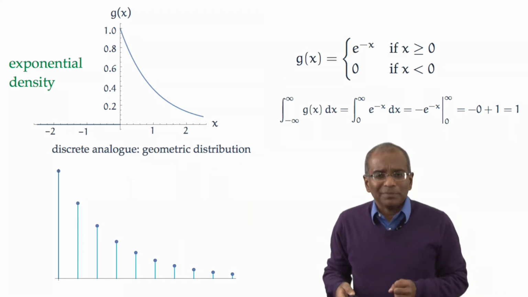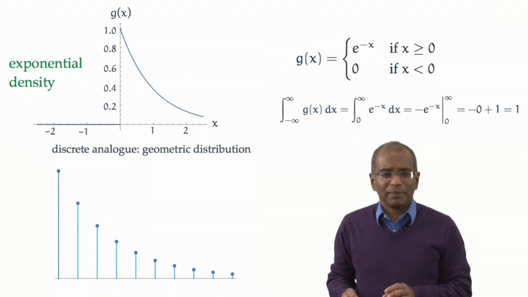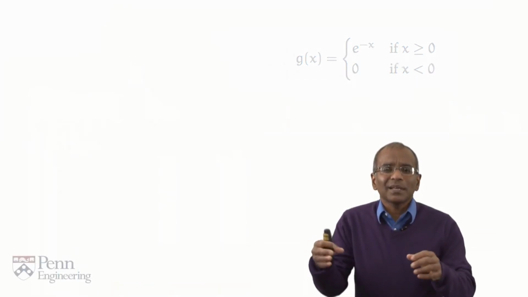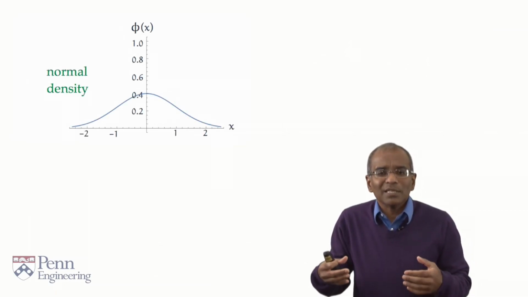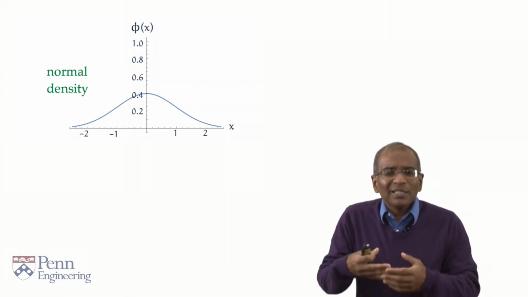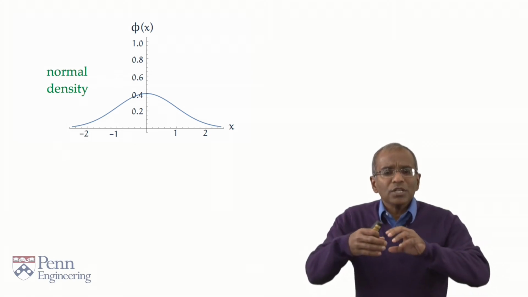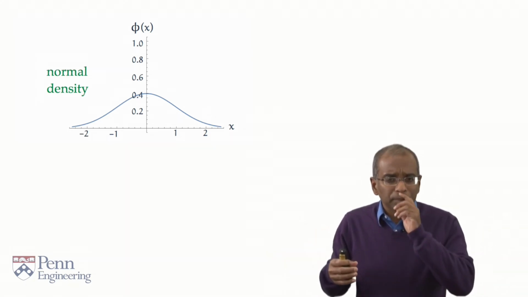Still another example, and this one is not so elementary, but it is familiar to us. Constant mention of the bell curve in common parlance has led us to common acquaintance with this mysterious object. The normal density has a form which is like an inverted bell.